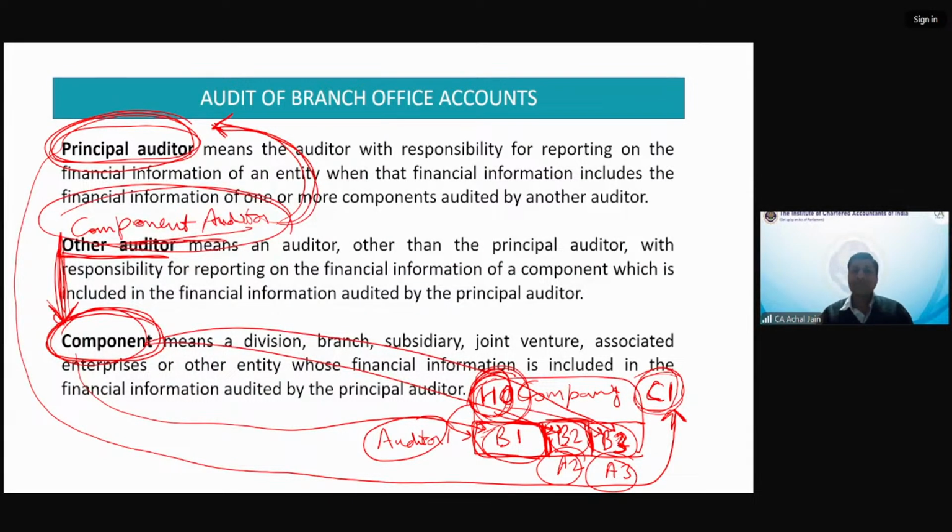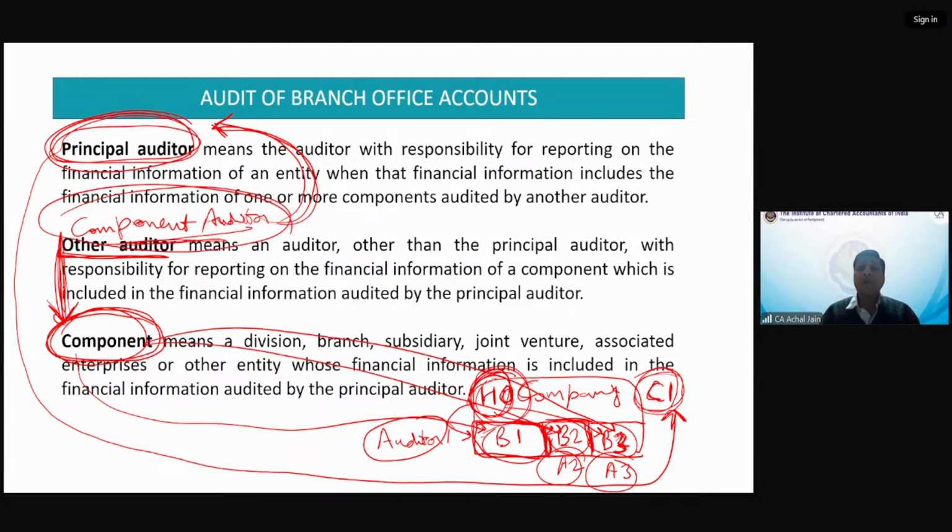Okay. But auditing standards have also placed some additional responsibility on the principal auditor in addition to these two things that we just discussed. What are those two things? Head office plus the compilation or the consolidation. Now, what is that?